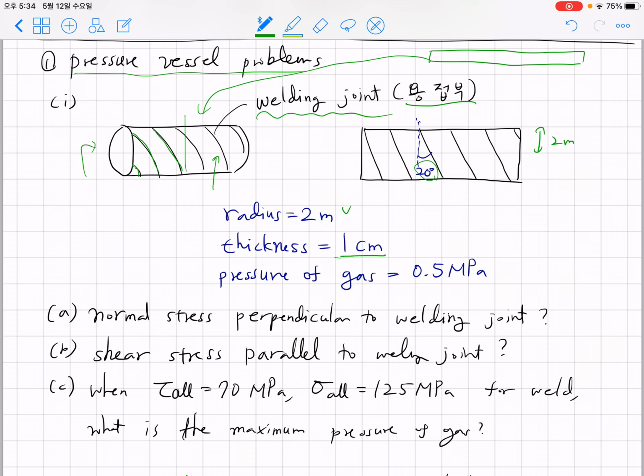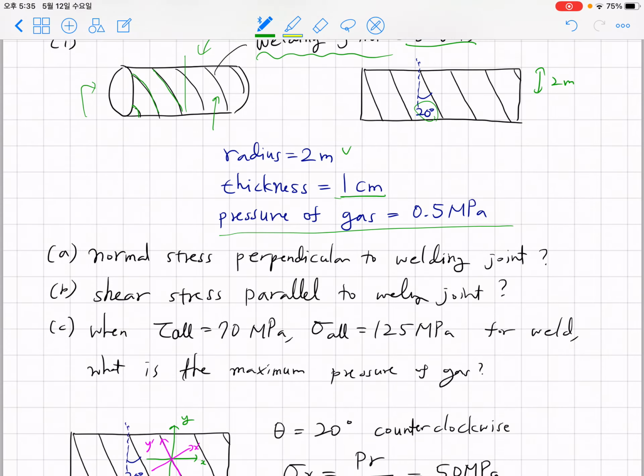So you can see that thickness is much smaller than radius, which is almost 1/200. So you can consider this as a thin pressure vessel problem, such that you don't need to worry about the radial direction pressure. And the pressure of gas is given at 0.5 for the first few problems.